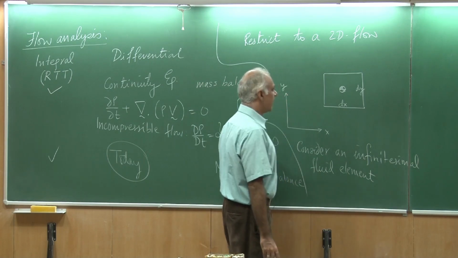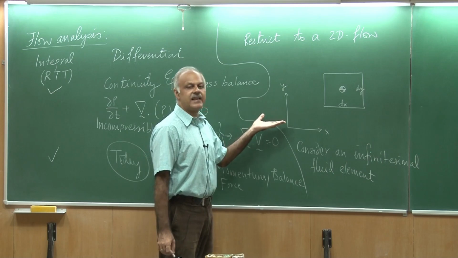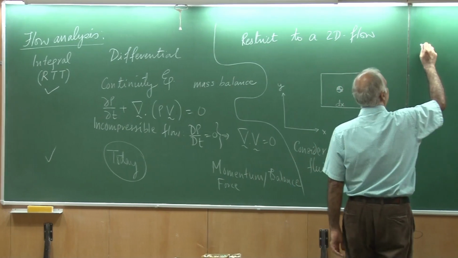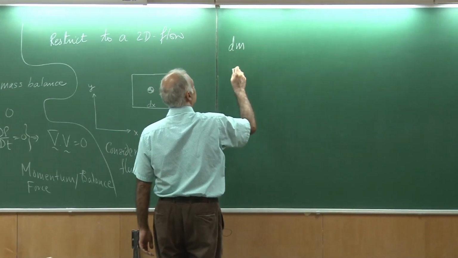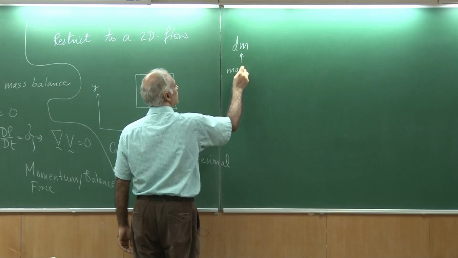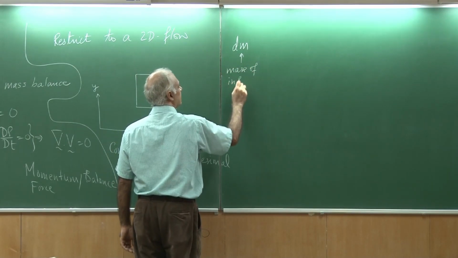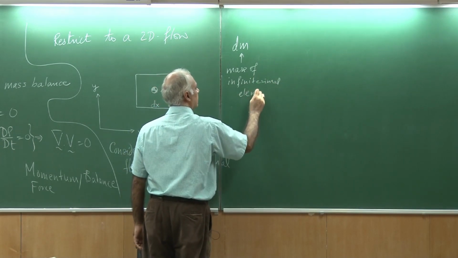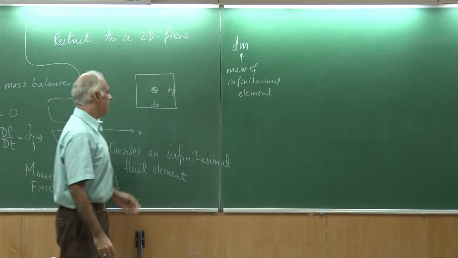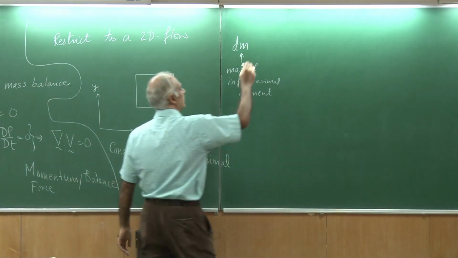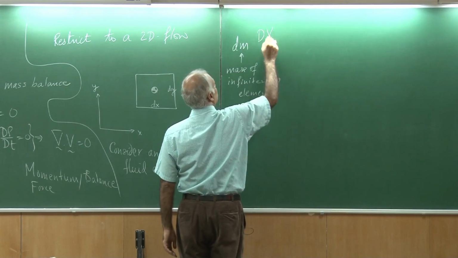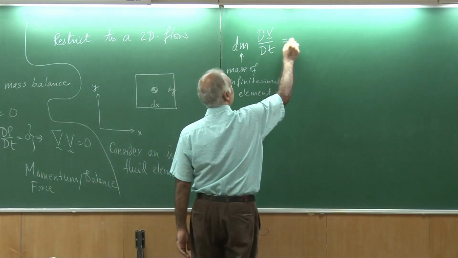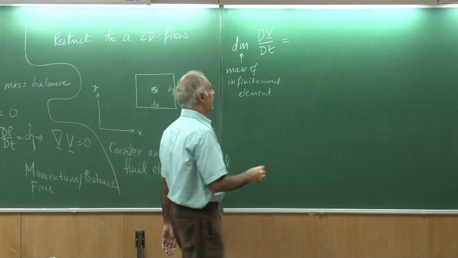I can now write down Newton's second law and apply it to this element. So, what does it tell me? It says that if I look at dm, which is the mass of the infinitesimal element, times the acceleration, so that would be dv dt, this should be equal to the force that acts on this element.